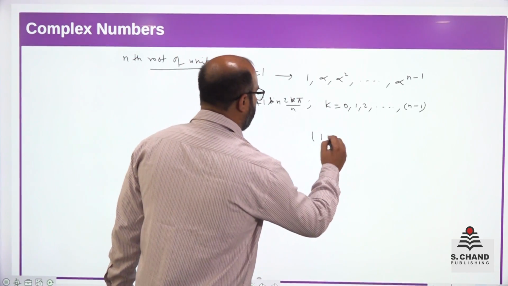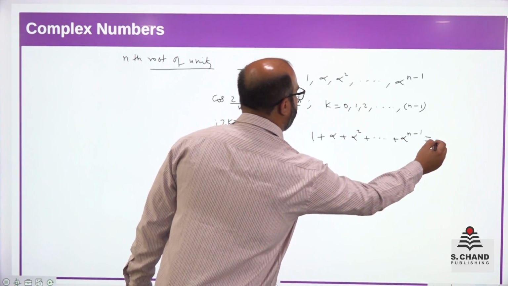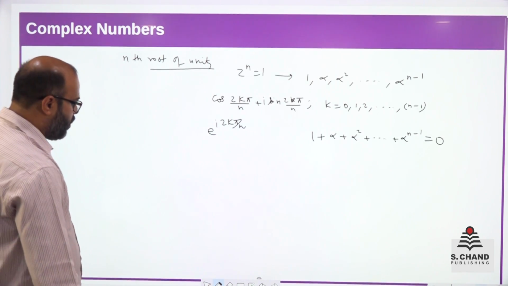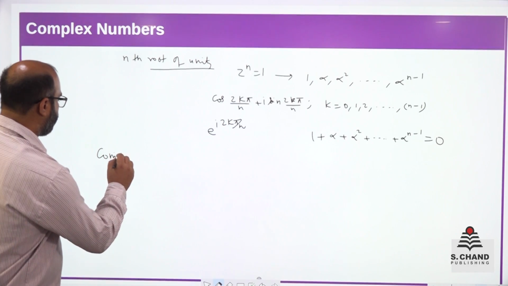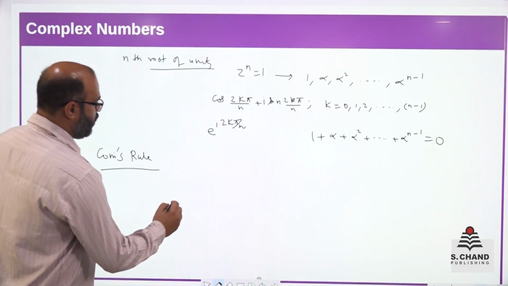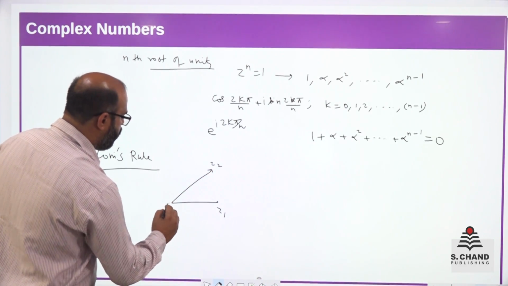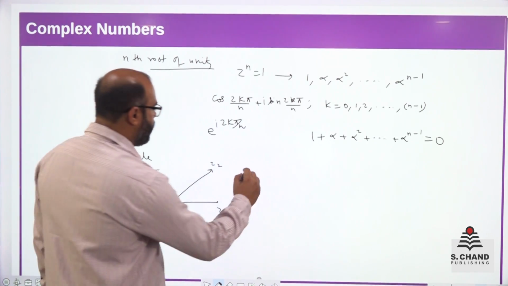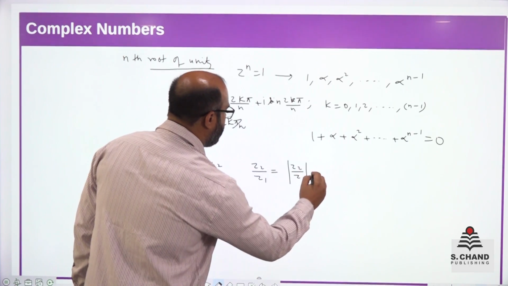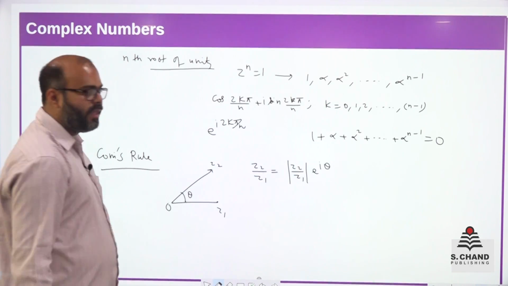Properties are like this: 1 plus alpha plus alpha square and so on till alpha to the power n minus 1 is equal to 0. Then we have Coni's rule. Coni's rule says that if we take a complex number z1 and a complex number z2 from origin, then z2 by z1 is equal to mod of z2 by z1 times e to the power iota theta, where the angle between them is theta.